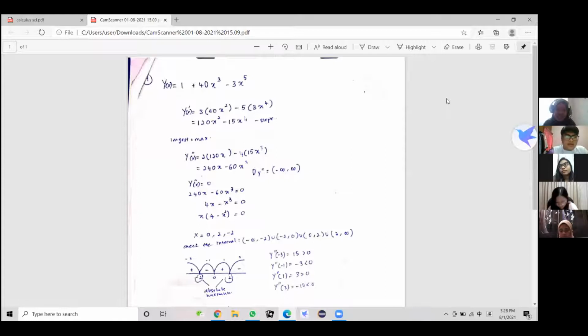For question 7, we have to find the tangent line at the largest slope. Here is the function they gave to us.